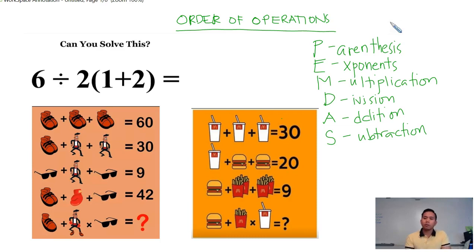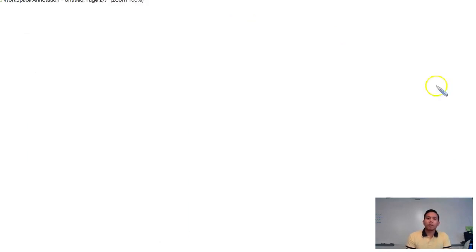Okay, so let's start with our first example, a simple example. Let us say I have here 10 minus 5 minus 3. And then with the same numbers, I'll put here 10 minus parenthesis 5 minus 3.